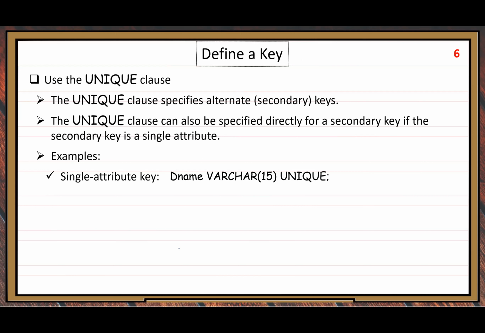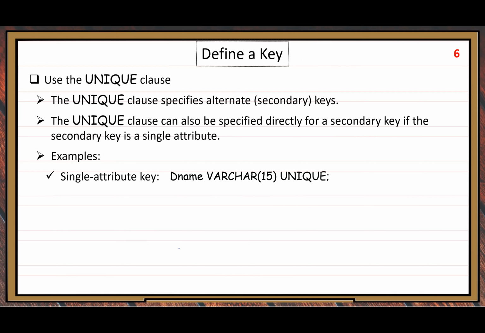With this constraint, you can imagine when someone is trying to insert a new department with a duplicate name, the DBMS will complain because you have this uniqueness constraint. The DBMS will enforce this constraint automatically.